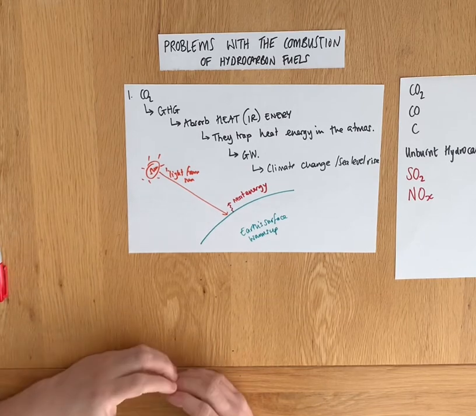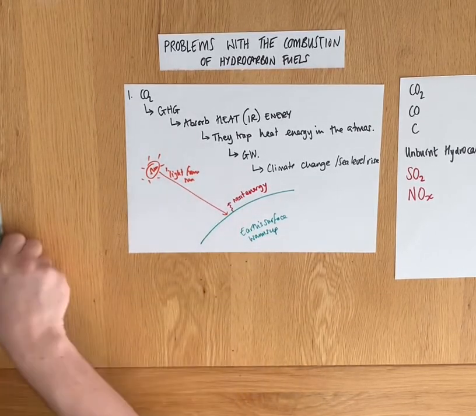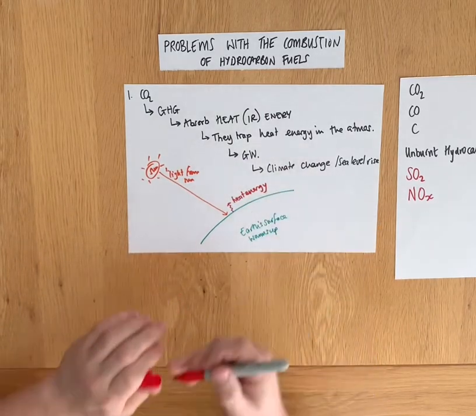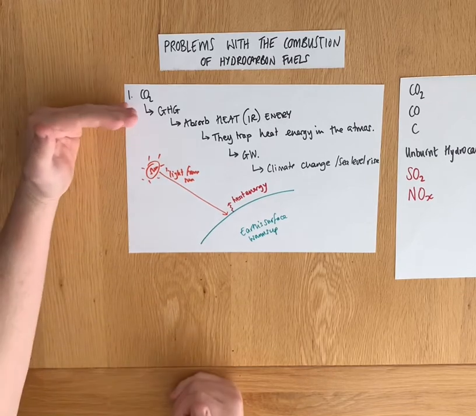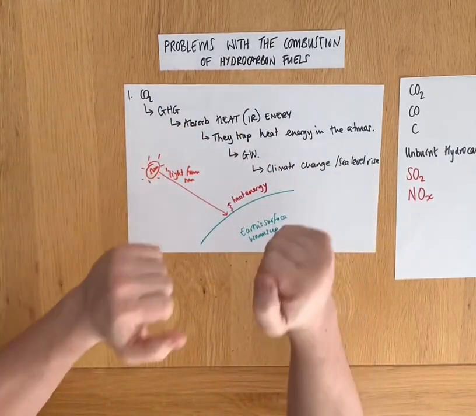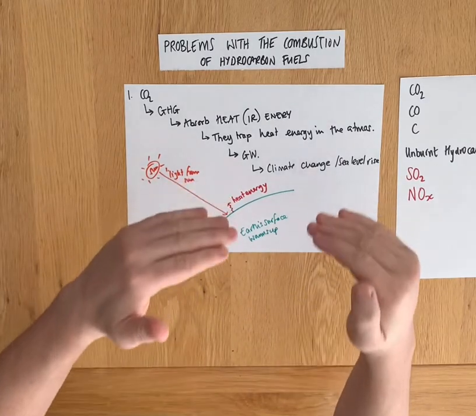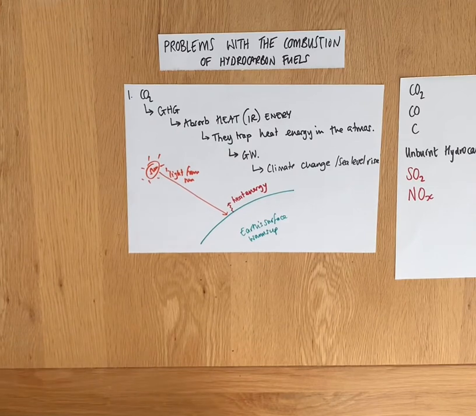The greenhouse effect is very useful because it traps heat energy in the atmosphere. Unfortunately, because we have an increased amount of greenhouse gases in the atmosphere, we're absorbing more heat energy. So more heat energy is trapped and the atmosphere is warming more. This is actually called the enhanced greenhouse effect.